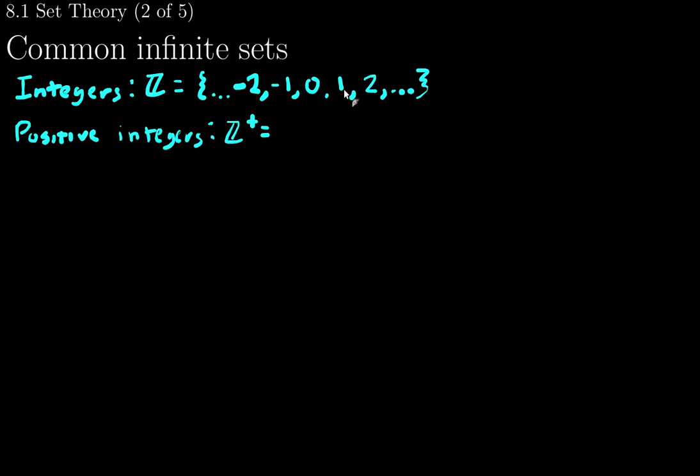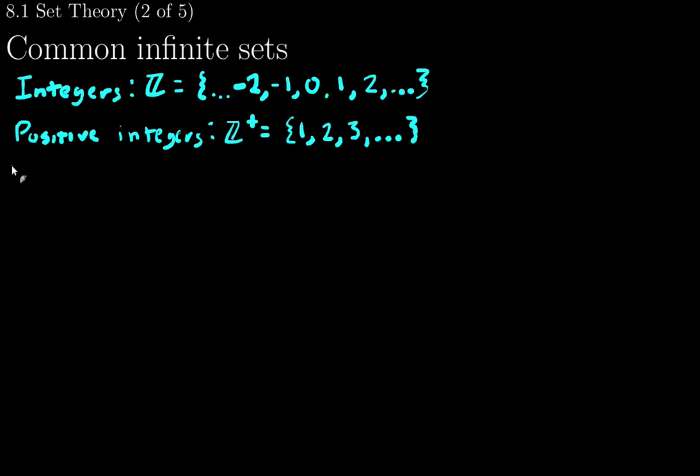So the integers starting at 1 and going to the right, greater than or equal to 1. Do note 0 is not a positive number. 0 is neither positive nor negative, so it's not included in the positive integers.